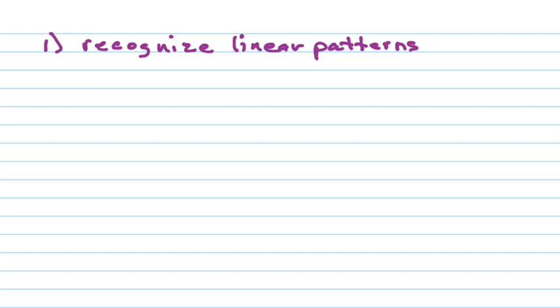Okay? A couple of different ways. From pictures, right? Like the matchsticks and the boxes and the hexagons and that kind of thing. So you need to be able to recognize linear patterns from looking at a pattern. Okay? And the other way is from a chart.